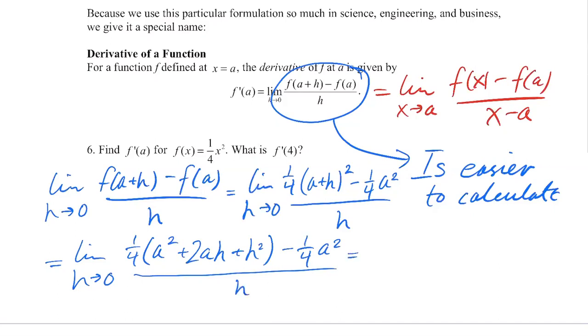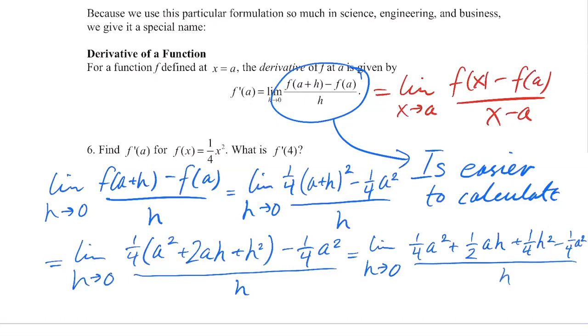Okay, if we distribute our 1/4, I'm going to get 1/4 a squared plus 1/2 ah plus 1/4 h squared minus 1/4 a squared.